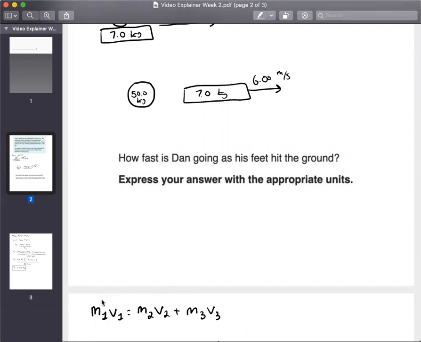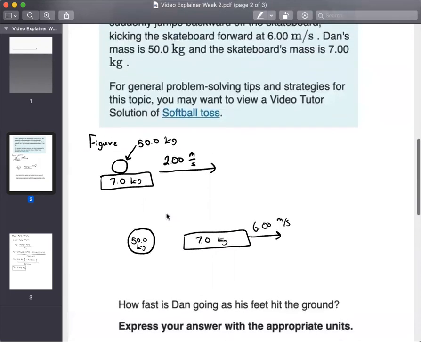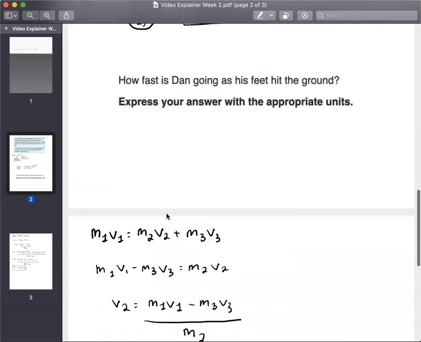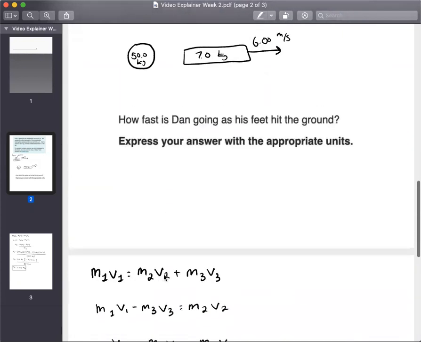So mass 1 is the combined masses of both Dan and the skateboard, and velocity 1 is the initial velocity of 2 meters per second. Then m2 and v2 are the mass of Dan and his velocity, and m3 and v3 are the mass of the skateboard and the indicated velocity of the skateboard, which is 6 meters per second. According to the problem, we're solving for Dan's velocity, which is v2.